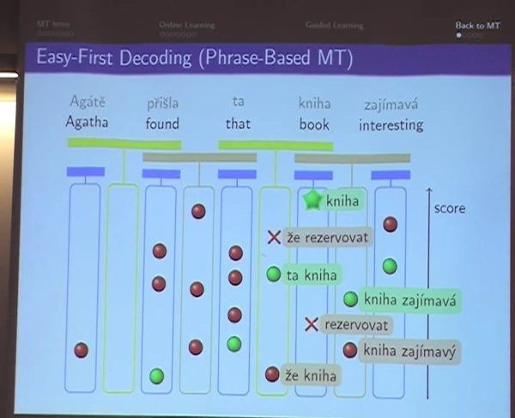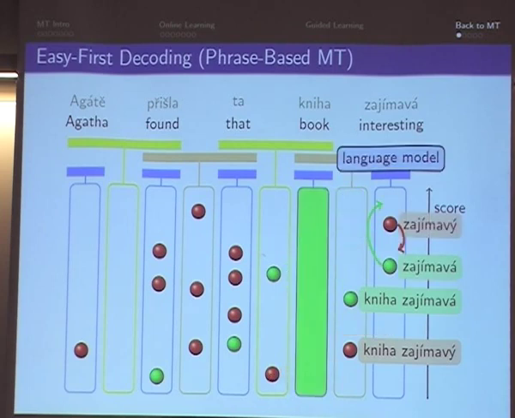We delete the hypotheses which are not compatible with the selected hypothesis. So, of course, this one, but also this one, since it's overlapping, and it would translate book as rezervovat. So it's not compatible with kniha. But this hypothesis stays here, and also this hypothesis. It's not a correct hypothesis, but it's not in conflict with the selected one.